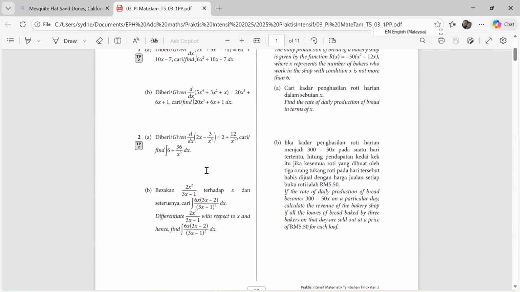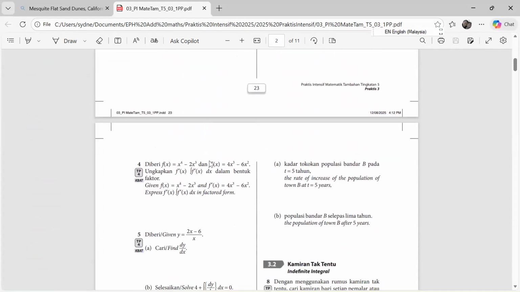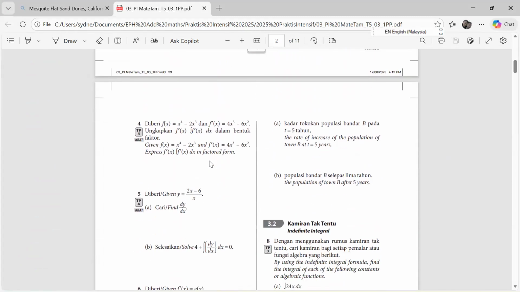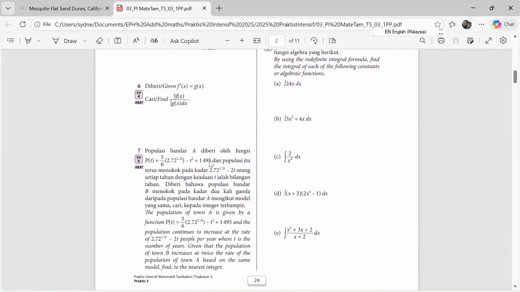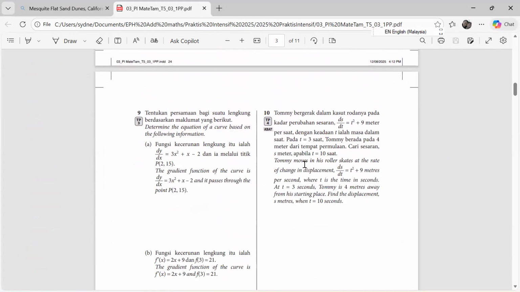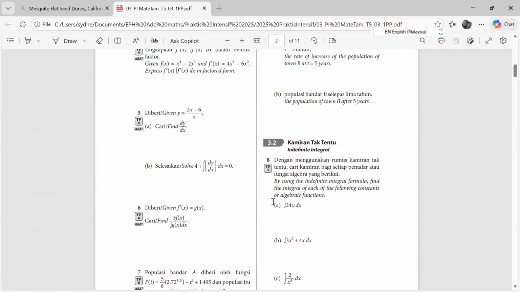You can do 1, 2, 3. You can try 1, 2, 3. Oh, actually, you can try until question number 8. Okay, can try until question number 8.